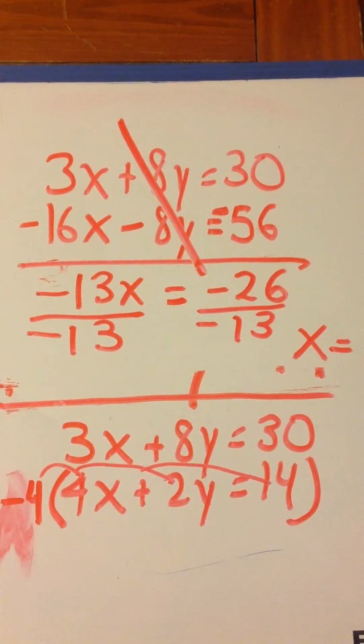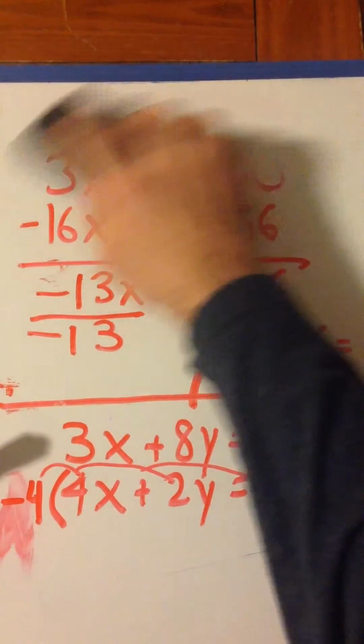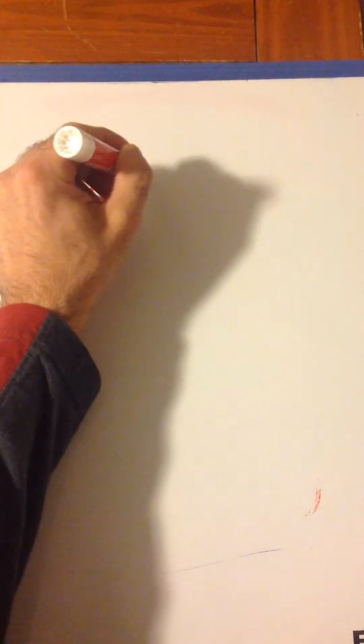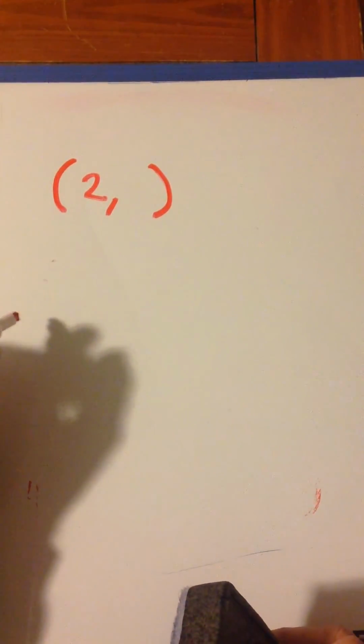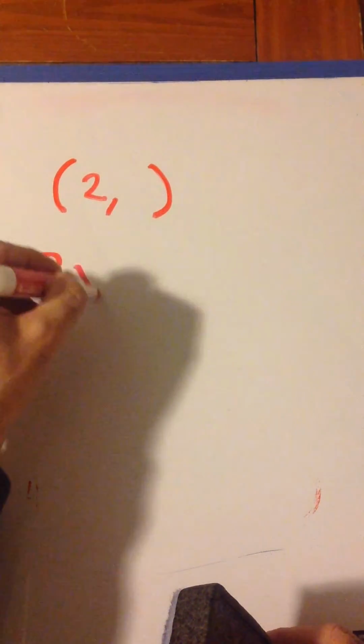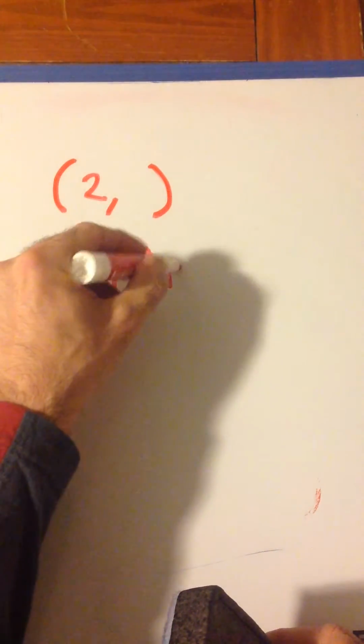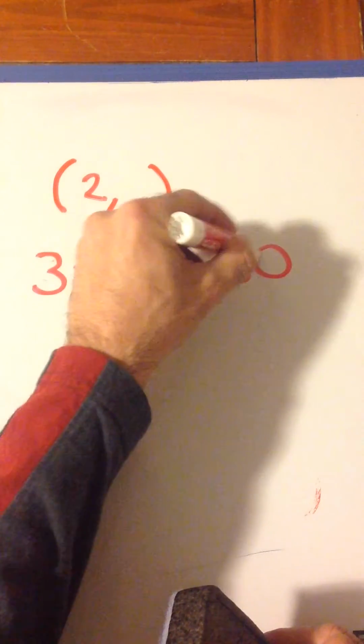So now we know what x is. Our goal is to find what y is. So now that we know that x is 2, we can rewrite this whole thing. We know our solution has to be 2, something for the y. Let's go back to the equation. 3x plus 8y has to equal 30.